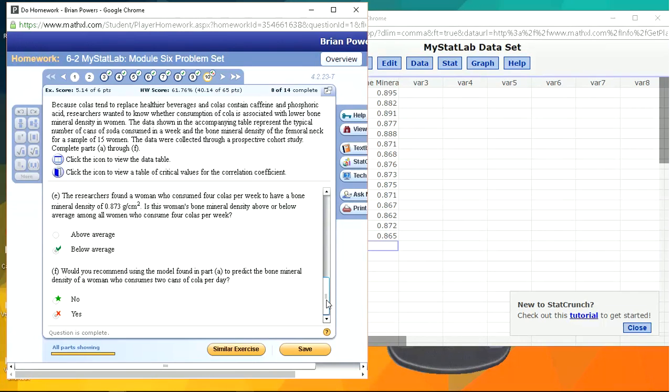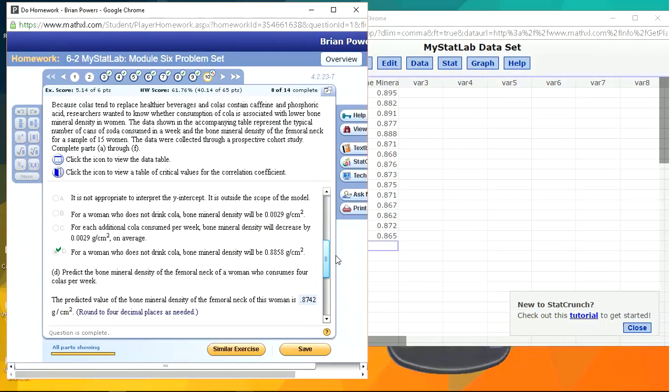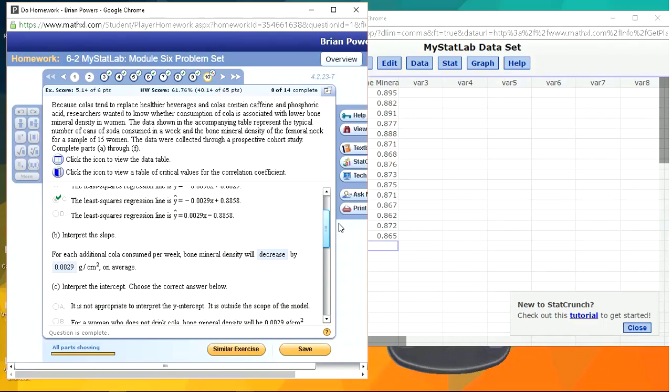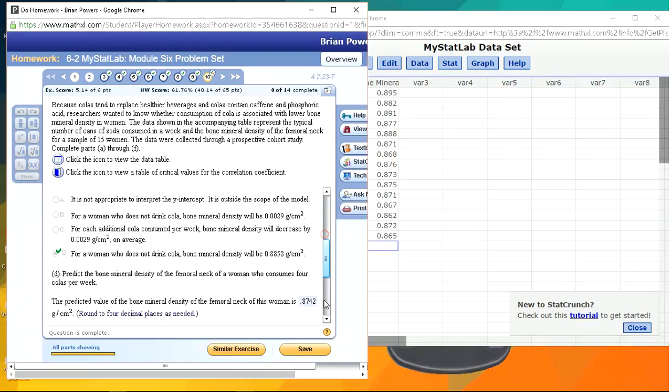This could very well be the mistake you make too. I didn't read the problem very carefully. The predictor is the number of cans of cola in a week, not in a day.